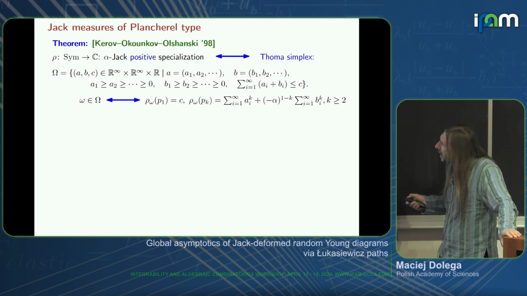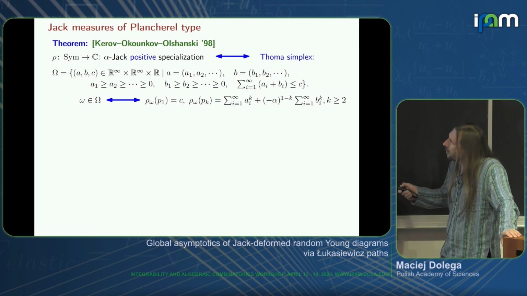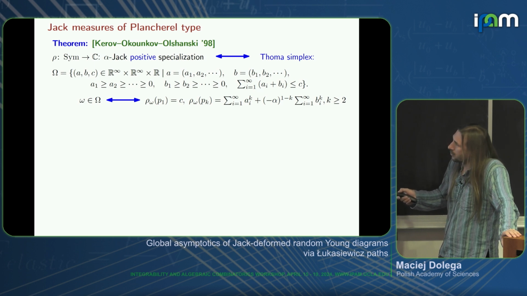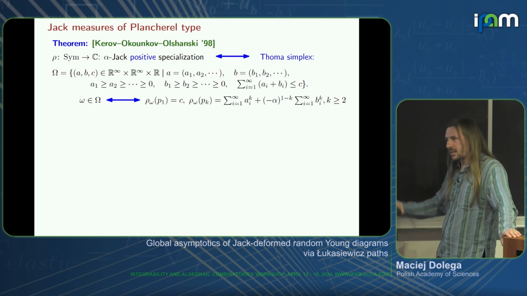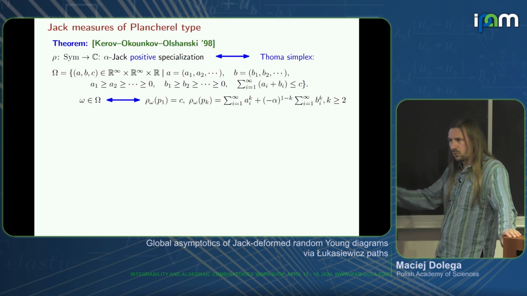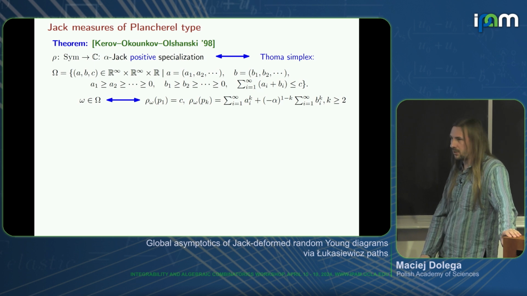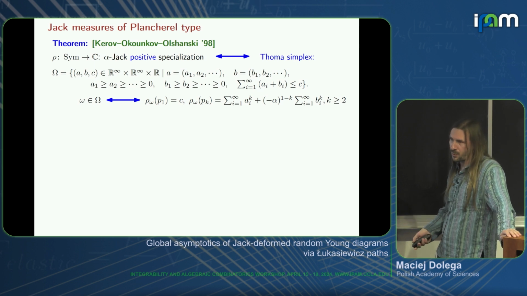This is maybe a little bit complicated, so it looks scary. The only important thing you need to know is that there is a huge space, called the Thoma simplex, a space of two infinite sequences of reals. And for each such sequence, I can produce a positive homomorphism, a Jack positive homomorphism.